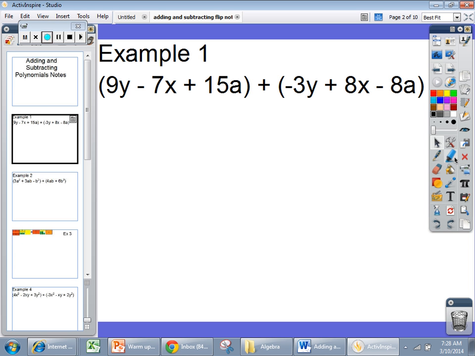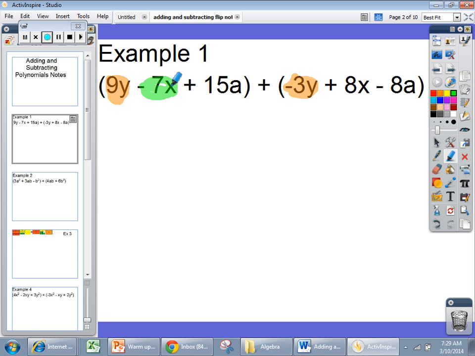The first thing I want you to do is highlight your like terms. So I have a 9y, and if you don't have a highlighter, you can do shapes, that's fine. Do you see any other y's anywhere? Good job. Negative 3y. Do we have any other y's? I'm going to switch colors. We have a negative 7x.